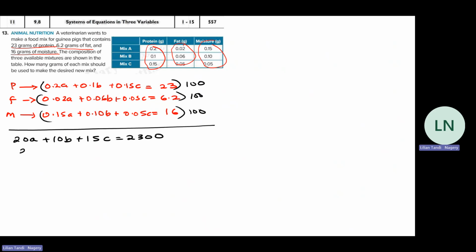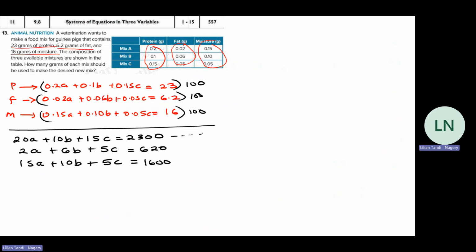Then I will have 2a plus 6b plus 5c equals 620. Then I'm going to have 15a plus 10b plus 5c equals 1600.